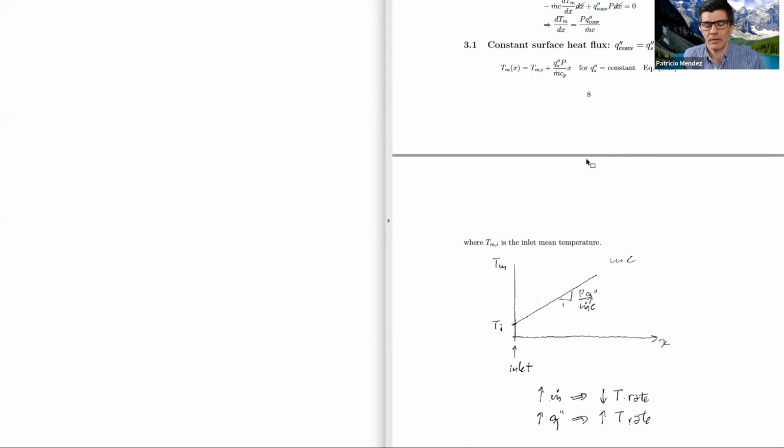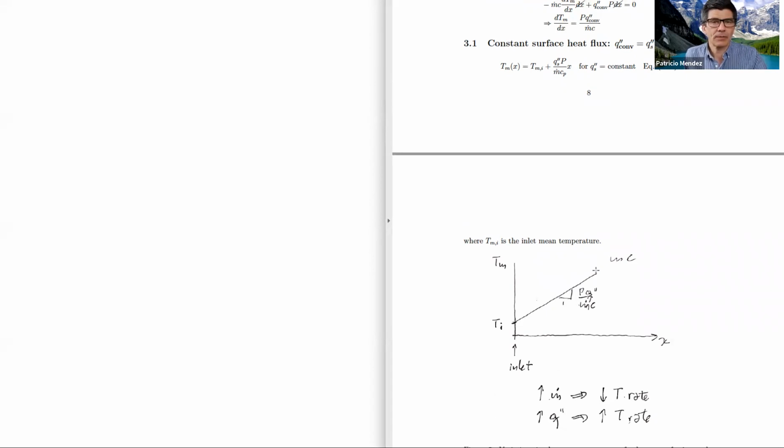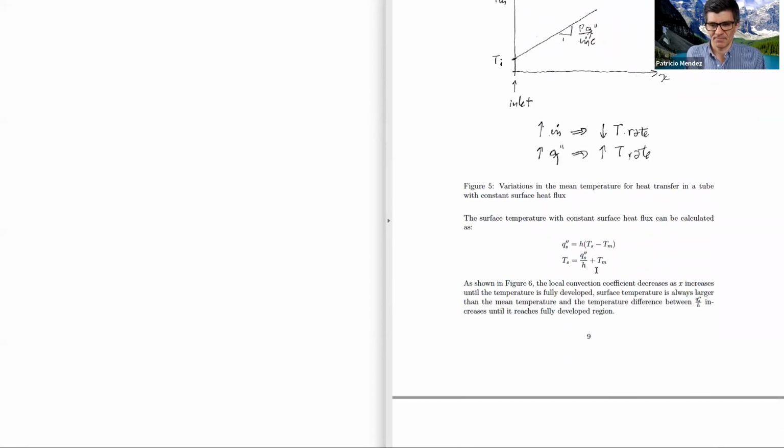When we have a constant heat flux, for example if we are constantly heating the fluid, the temperature of the fluid keeps increasing and increasing. All this came from the analysis of the energy balance in the tube, which we did in week 4 in differential control volumes.